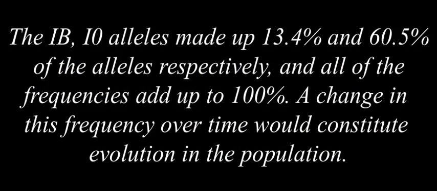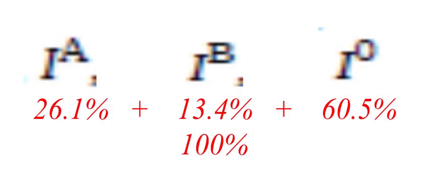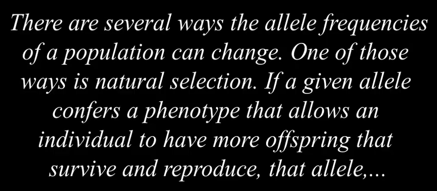The B and O alleles made up 13.4% and 60.5% of the alleles respectively, and all of the frequencies add up to 100%. A change in this frequency over time would constitute evolution in the population. There are several ways the allele frequencies of a population can change. One of those ways is natural selection.